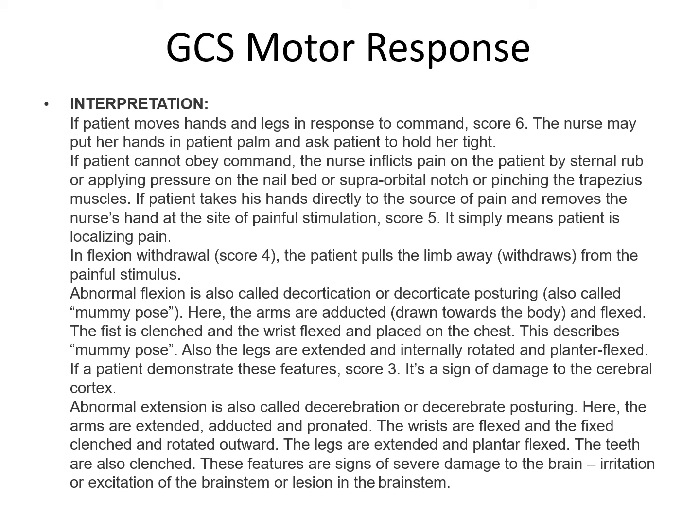The legs are extended and we have plantar flexion. The teeth are also clenched. These features are signs of severe damage to the brain. There is irritation or excitation of the brain stem or a lesion in the brain stem.